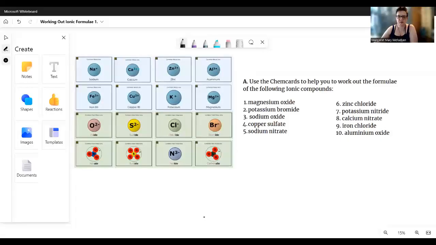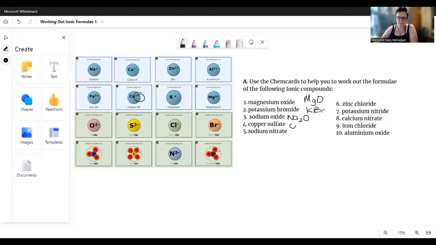So if you want to check your answers, magnesium oxide is MgO. Potassium bromide, KBr. Sodium oxide, Na2O, you'll need 2 sodiums for every oxygen. Copper sulfate, we go with copper 2 plus ion, and sulfate is SO4 2 minus.